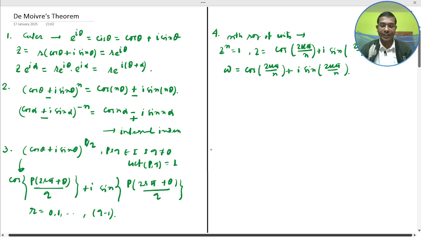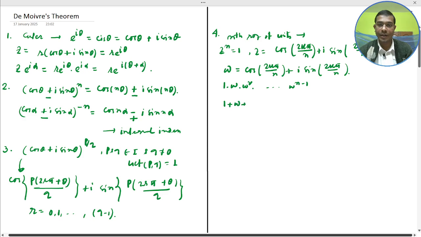So we can write the nth roots of unity as 1, omega, omega square, and so on up to omega to the power n minus 1, and the sum of the roots of unity is 0.